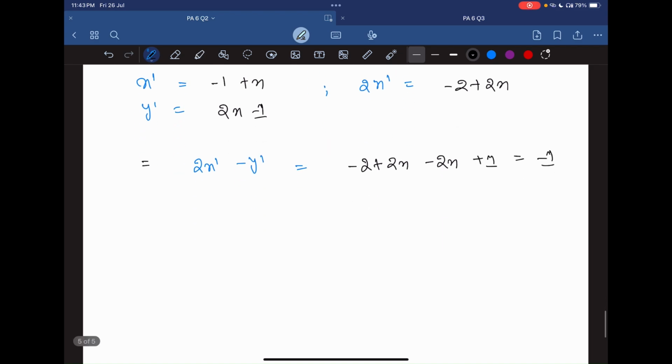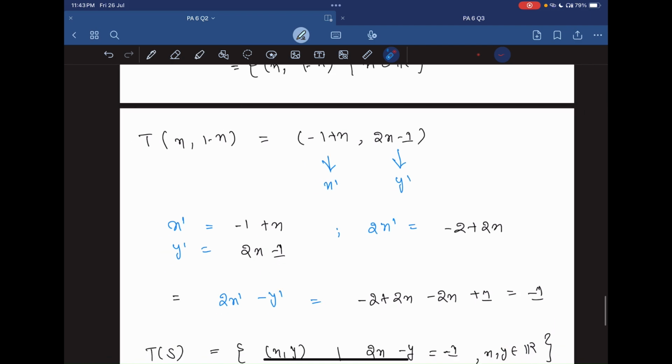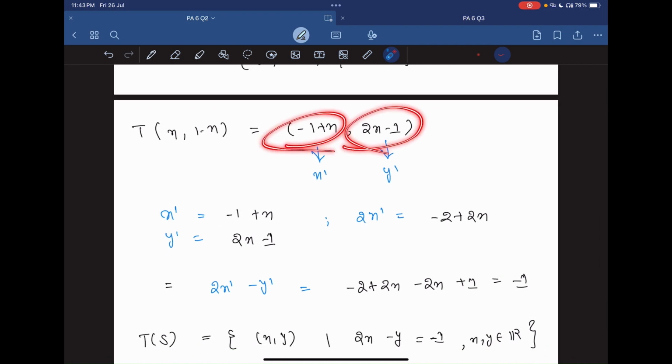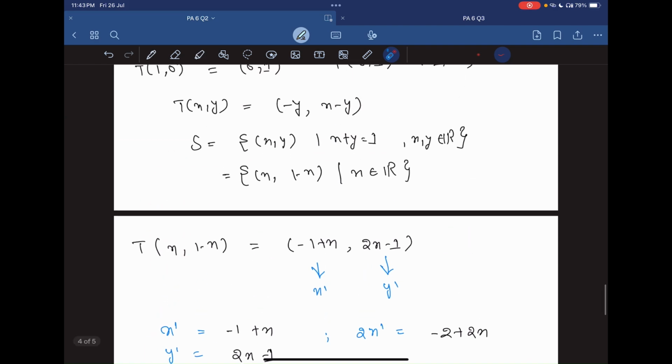So that means T of S is the set of all elements x comma y such that 2x minus y is equal to minus 1, where x comma y belongs to the real numbers. So what we did basically here is, first we found the images of our set S with the given linear transformation.